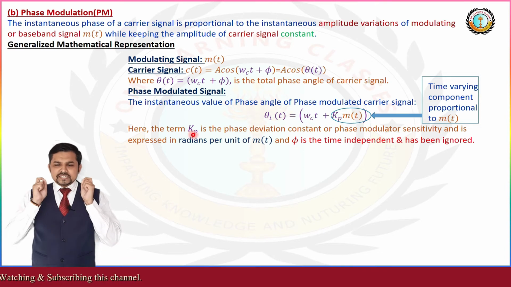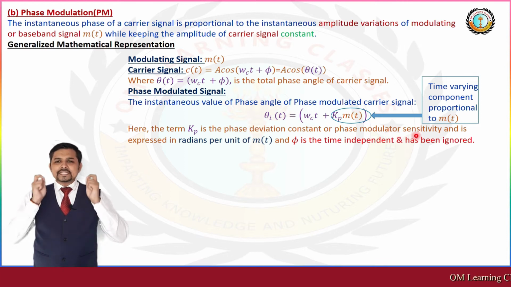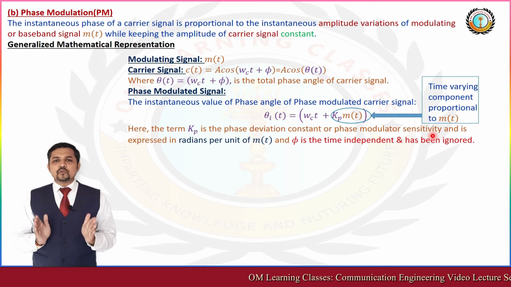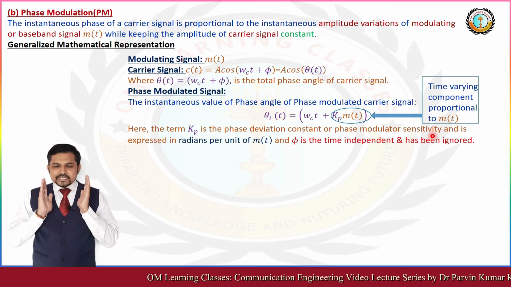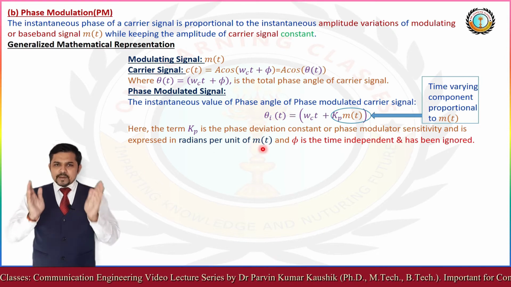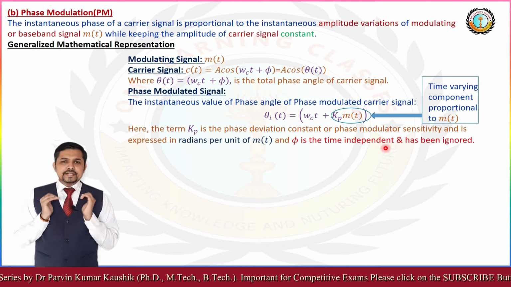and here the term Kp is known as the phase deviation constant or phase modulator sensitivity or the sensitivity factor for phase modulation, and it is expressed in radian per unit of m(t). And phi is time independent.